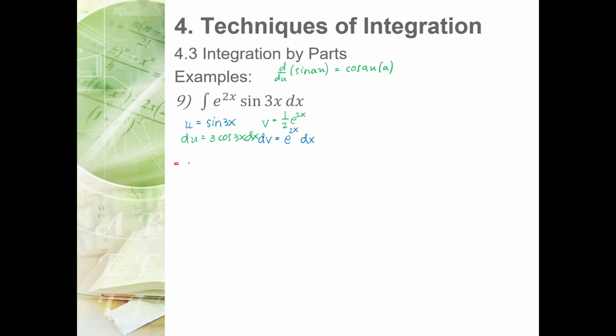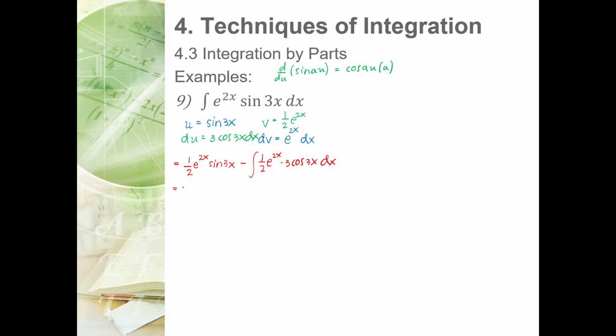Okay, so uv, let's try to arrange it immediately. So 1/2 e raised to the power of 2x sine 3x minus the integral of v du. So that's 1/2 e raised to the power of 2x times 3 cosine 3x dx.